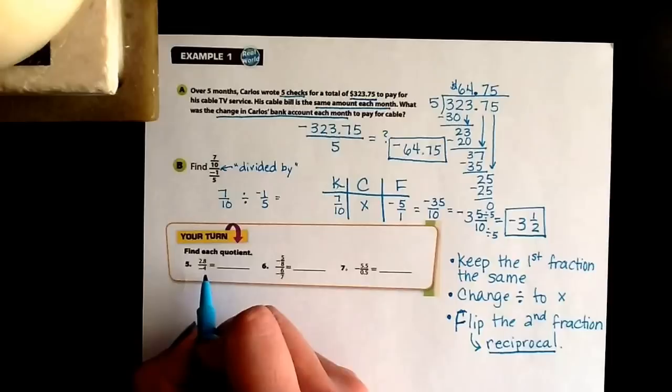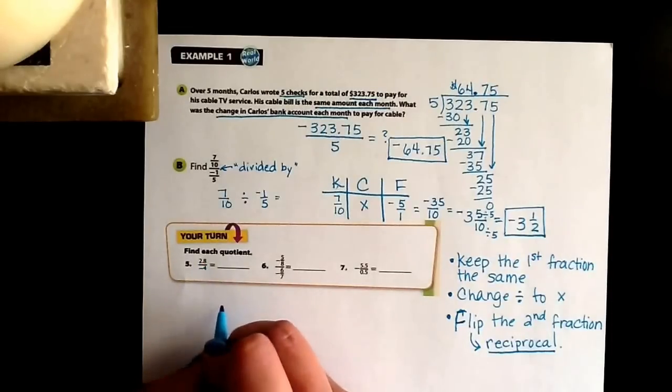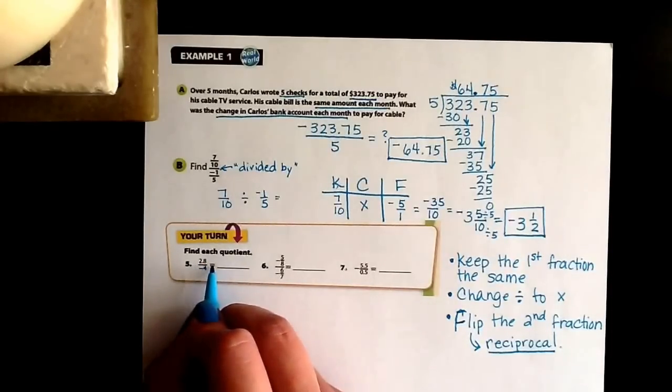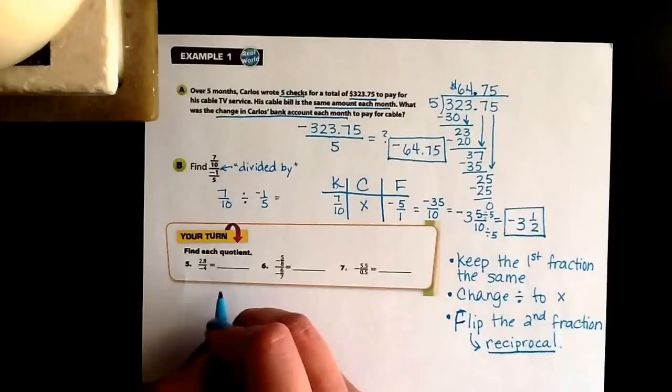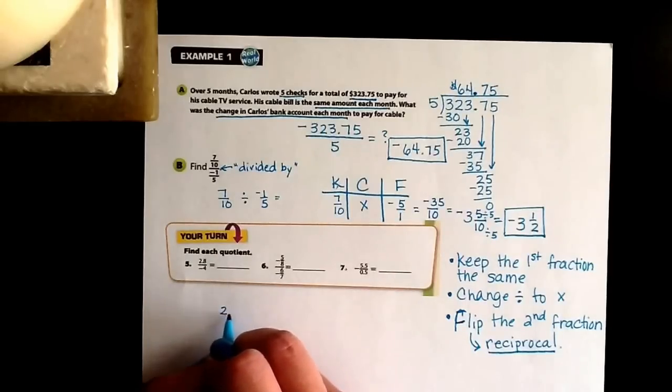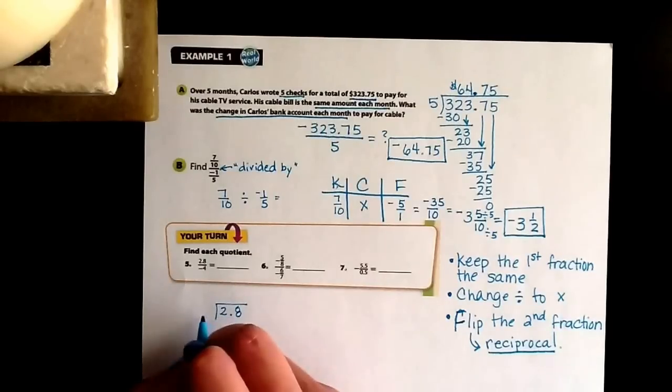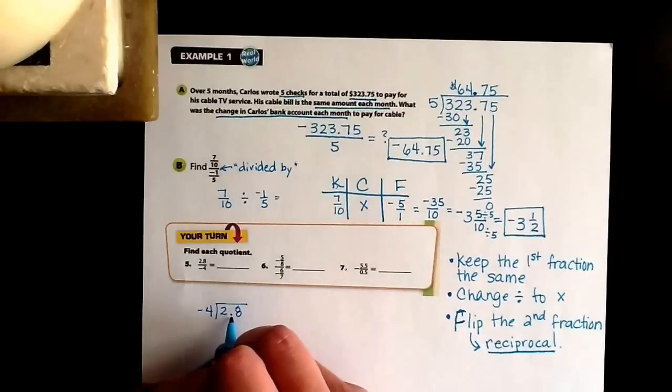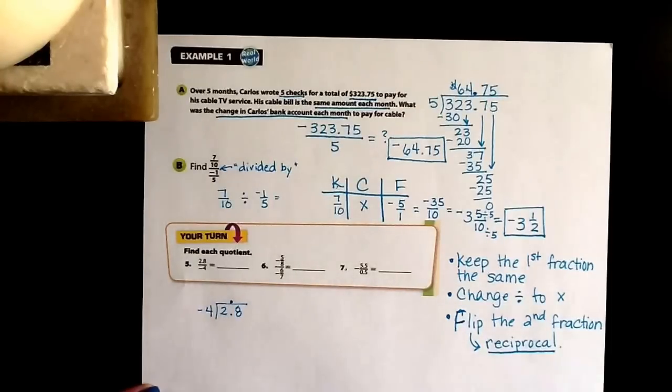In the first one, this really says 2.8 is being divided by -4. So you should have set up, remember you have to show all your work, a division problem, 2.8 or 2 8/10 divided by a -4. You bring that decimal straight up. And then remember, you forget about it.